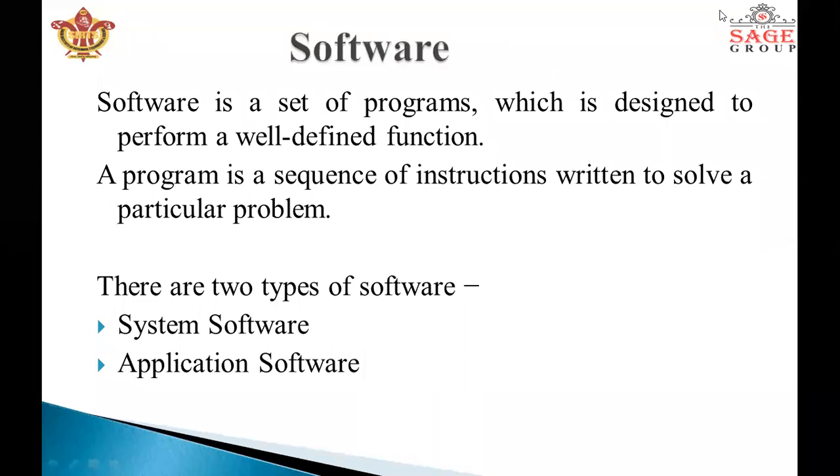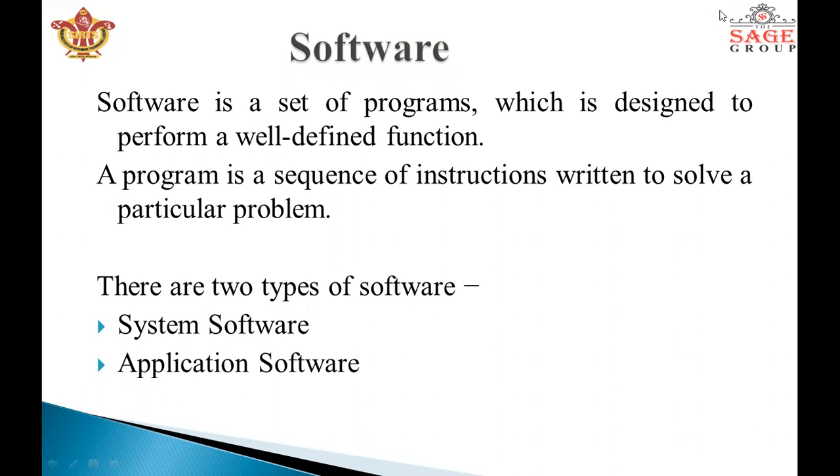What is system software? System software is a collection of programs designed to operate, control, and extend the processing capability of a computer itself, right? You can also say that system software is generally prepared by the computer manufacturers.